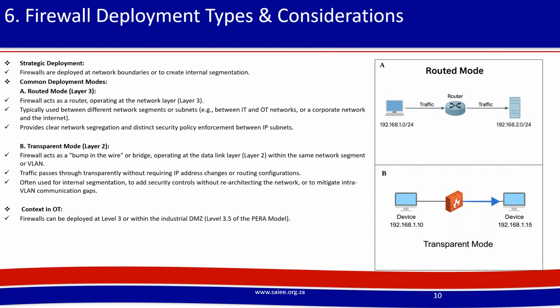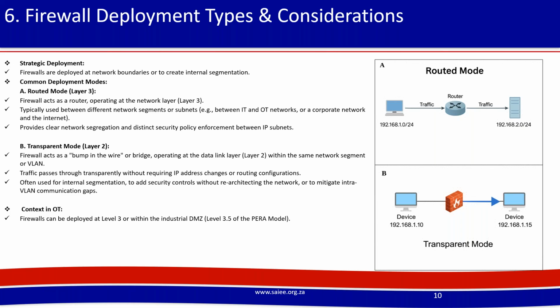So these types of deployments can be seen at various levels. For instance, at the application level, a proxy firewall strategically placed, for example, at Purdue model level 3, or even within the industrial DMZ at level 3.5, which is level 3.5, I mean. And then this can provide a critical security layer.